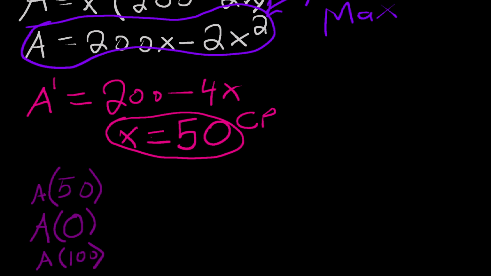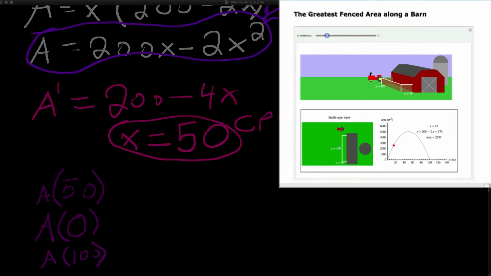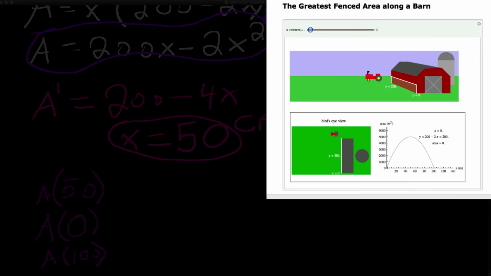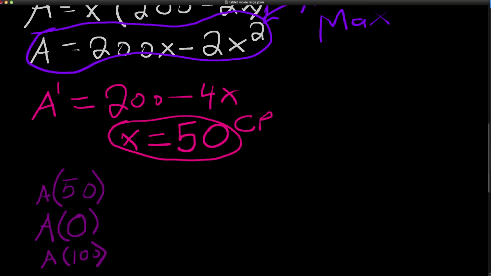Let me show you why. If x is 0, then y would equal 200, and you wouldn't have any area. It's the same on the other end of the spectrum. If x is 100, then you've got both of them stuck together, and again the area is nothing. So the area for the endpoints is 0.